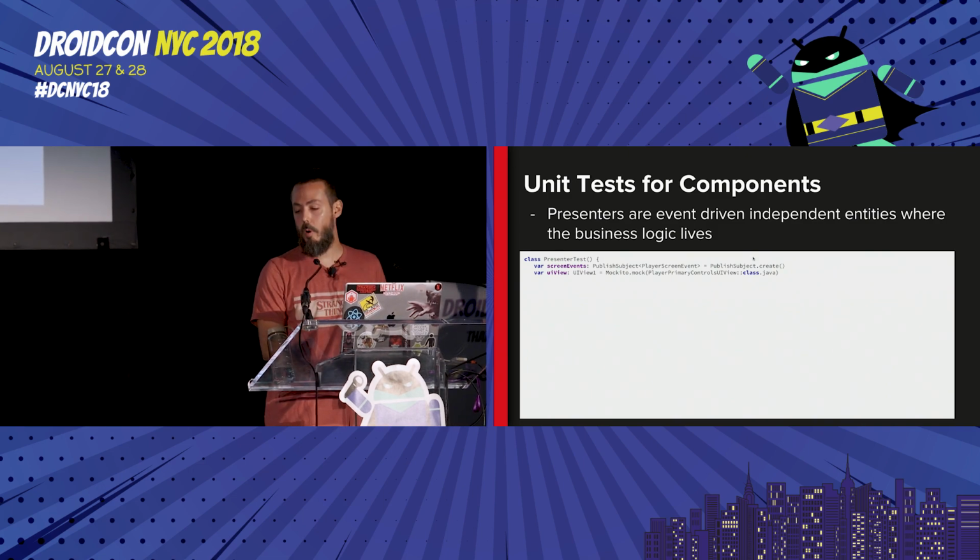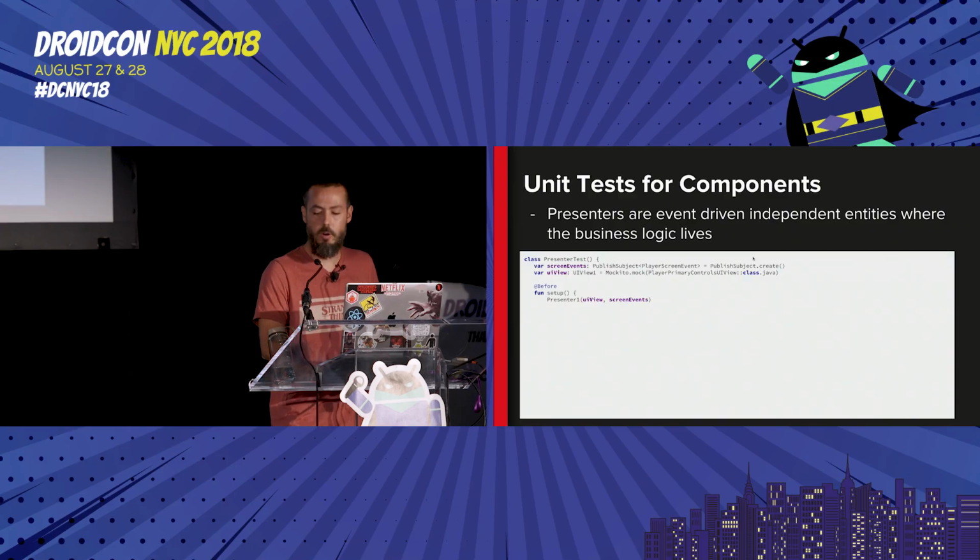And we create a mock of the view using Mockito, because we really don't need an instance of the view. So a mock should be fine. And then we instantiate the real presenter, a real instance that will run the code, and we pass the mock view and the observable for it.